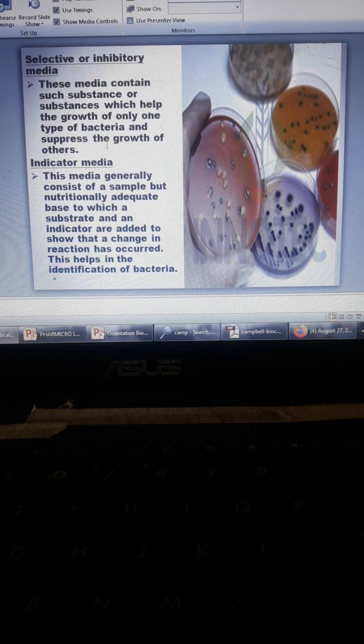Okay? And we have also our indicator media. Generally, it consists of a simple but nutritionally adequate base to which substrate and indicator are added to show the change in reactions that occurred. So, this helps identify bacteria or other microorganisms.